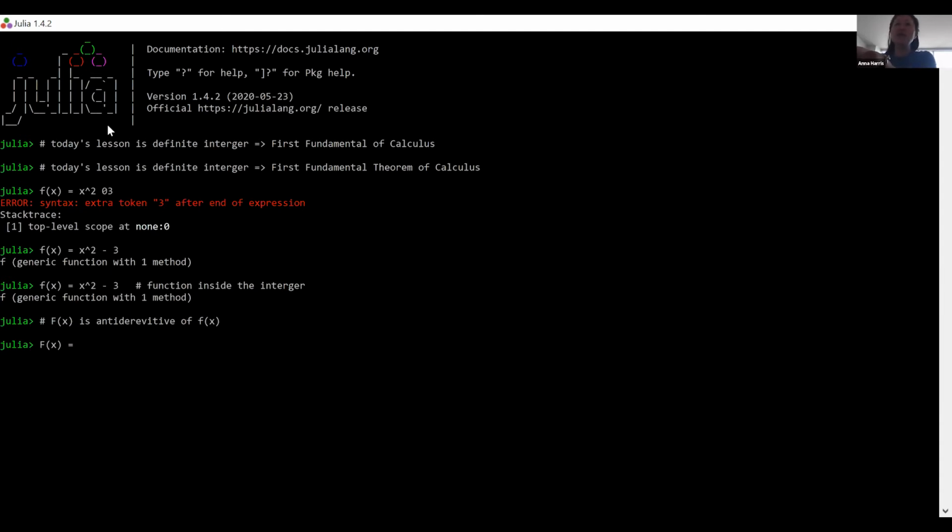So how do you find the antiderivative? Remember, I'm going to add one more power. Originally I had a power of 2, so I add 1 power, and divide by the same thing.